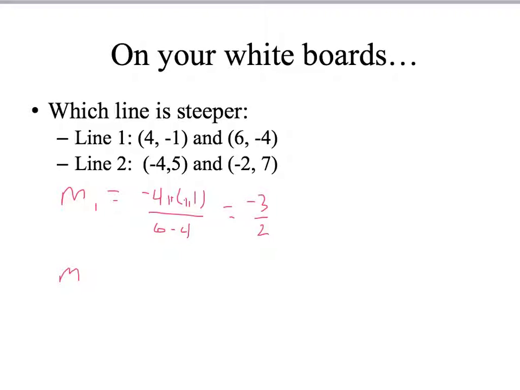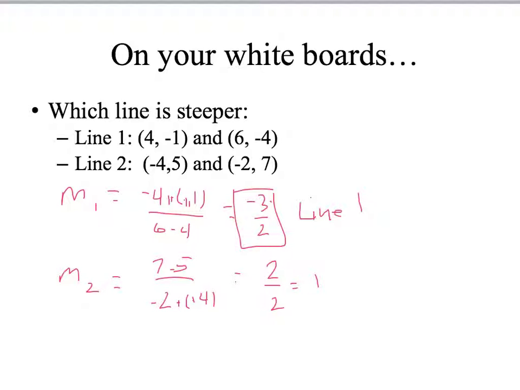For line 2, the slope is 7 minus 5 over negative 2 minus a negative 4. That would be 2 over 2, which is just 1. 3 over 2, if you think about it in these terms, is like 1.5. So the steeper line is line 1, because it has a steeper slope.